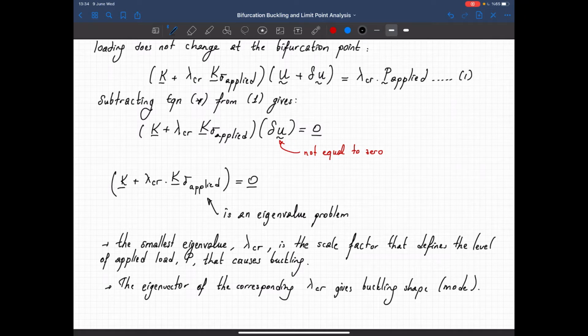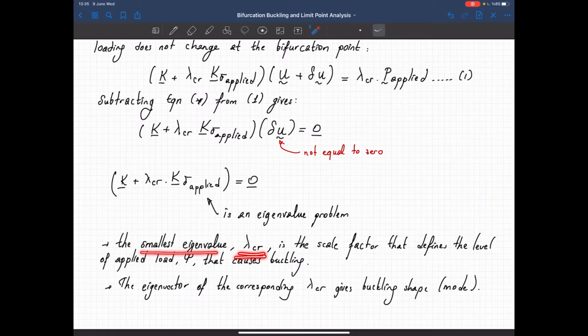So that's it. You calculate the elastic stiffness matrix, and then by using the results, you calculate all the internal forces. Using the internal forces, you then calculate the geometric stiffness matrix for the whole system. And then you perform an eigenvalue solution and calculate the lambda critical.